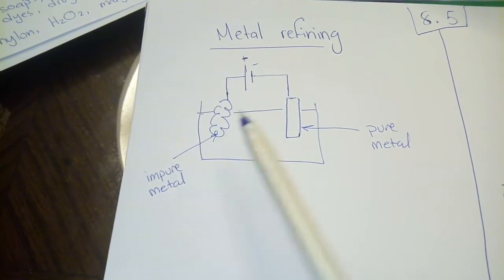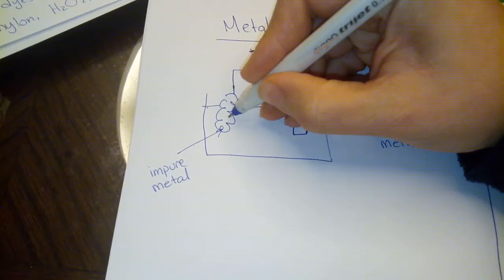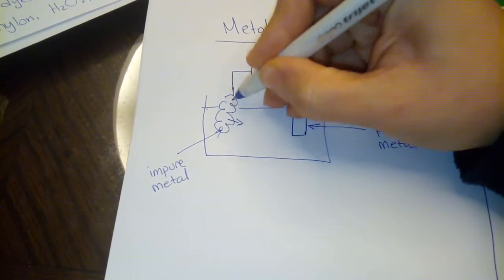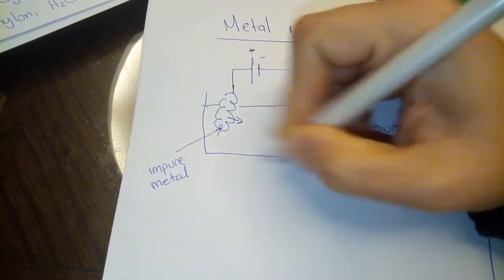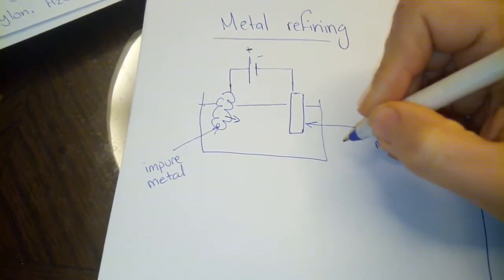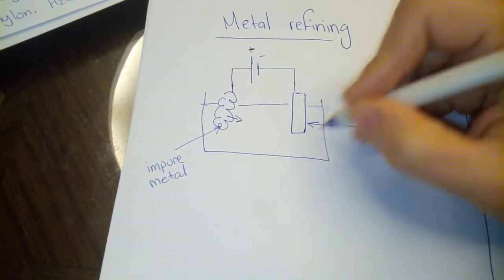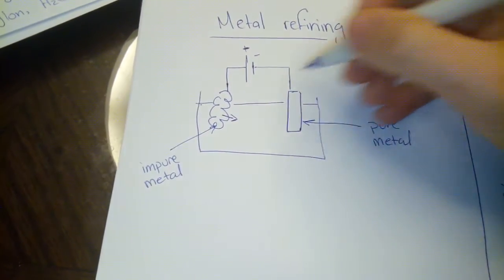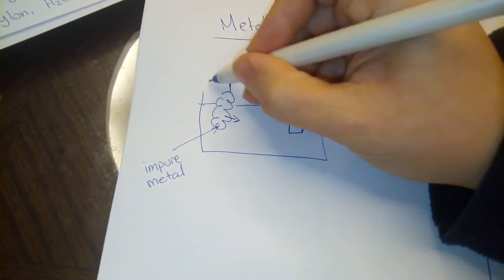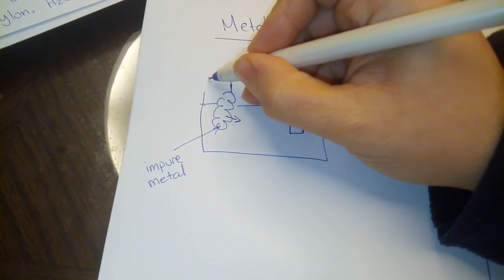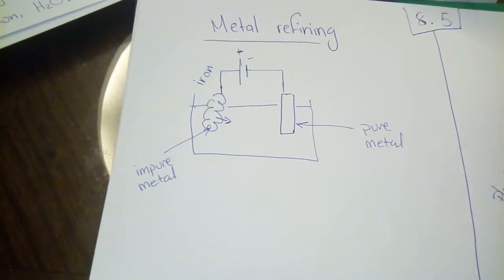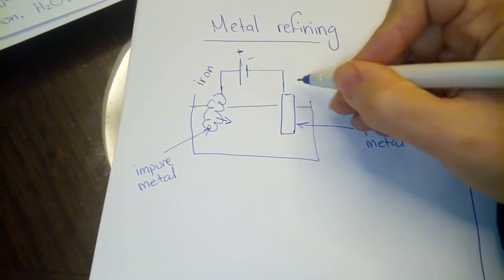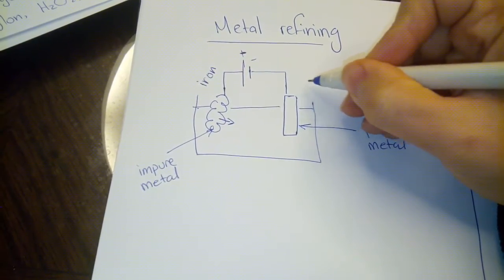So I'm going to free up my metal from the impure metal into my electrolyte, and the electrolyte should be of the same type of metal that we are refining. So assume we are having iron, and here I will put a pure iron bar.